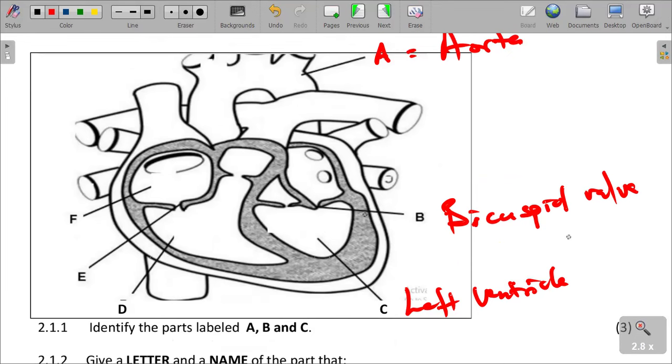And then explain the meaning of a double closed circulatory system.